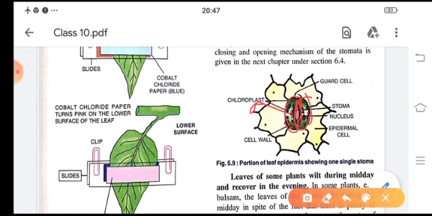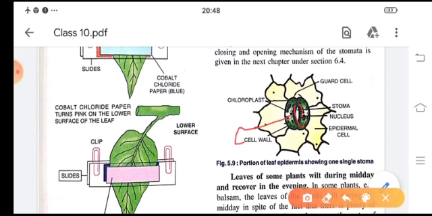So how is this closing and opening done in stomata? During the daytime, these guard cells become turgid due to the absorption of water and the intake of food, and the opening between these two guard cells becomes wide. This state is known as opening of stomata.